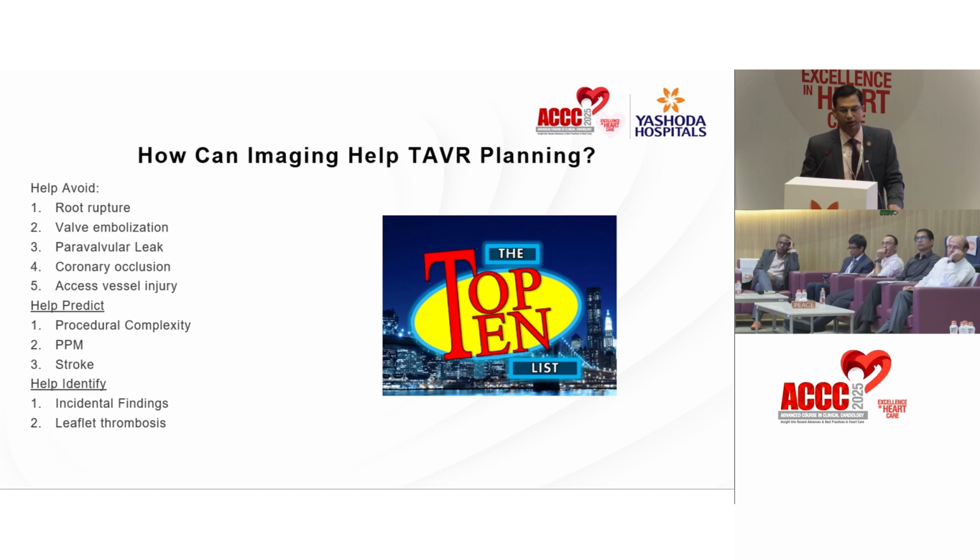You can avoid a root rupture, valve immobilization, paravalvular leak, coronary occlusion, access vessel injury, and it can predict the complexity so that you can be ready with your snares and everything. You can reduce the patient-prosthesis mismatch, reduce the incidence of stroke, and on follow-up also, CT has a role because you can detect early valve degeneration by CT imaging.